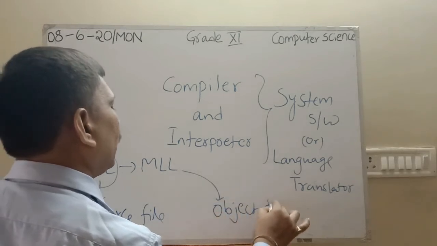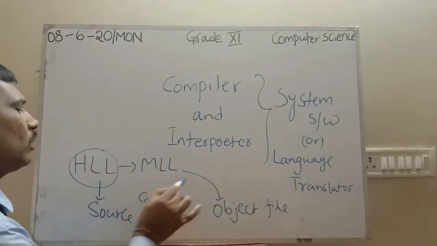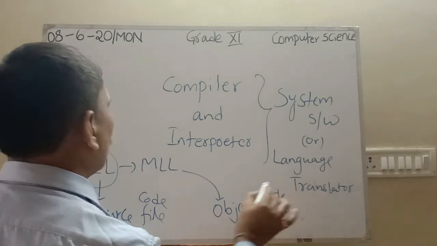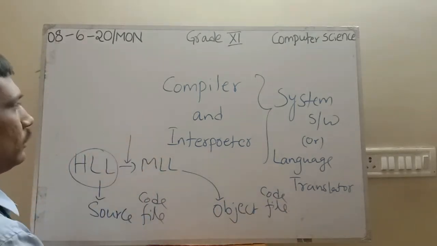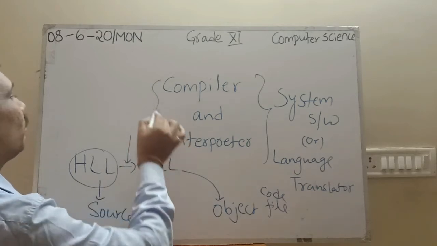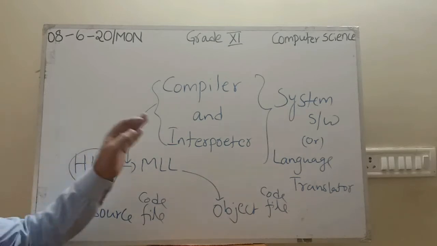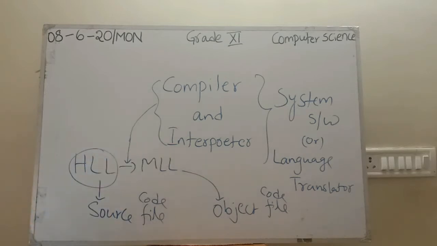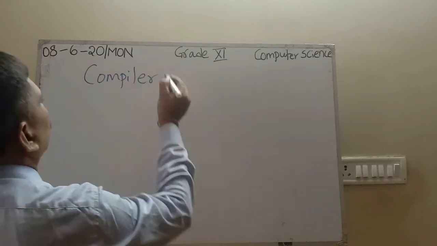In this translation we use either a compiler or an interpreter. So these two softwares are used for converting source code to object code, that is high level language code to machine level language code.